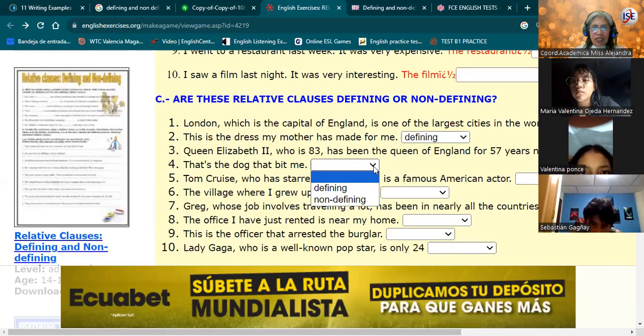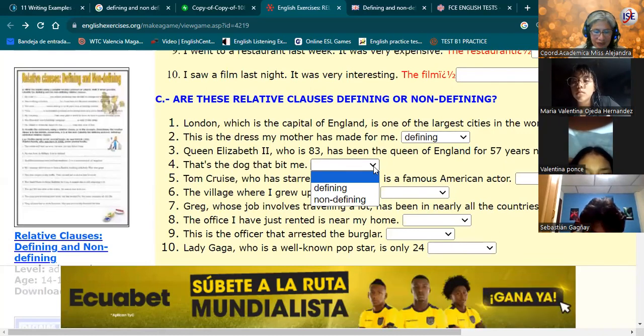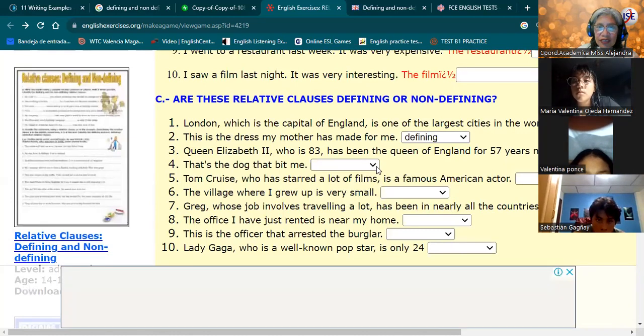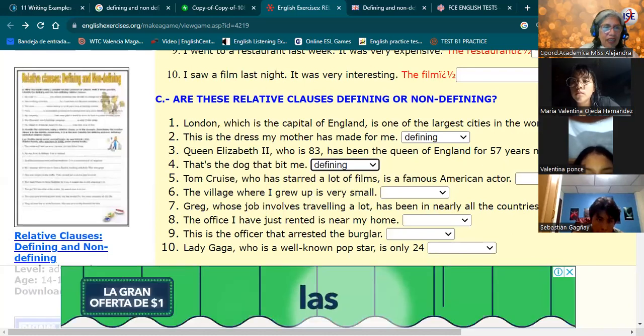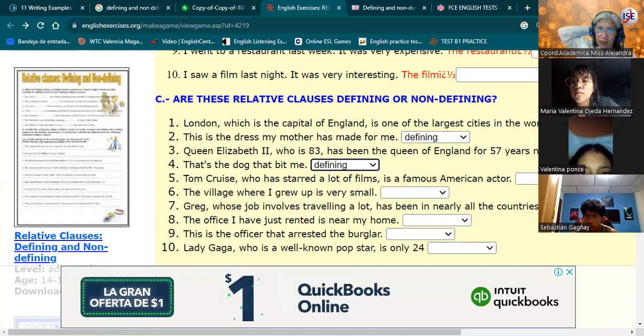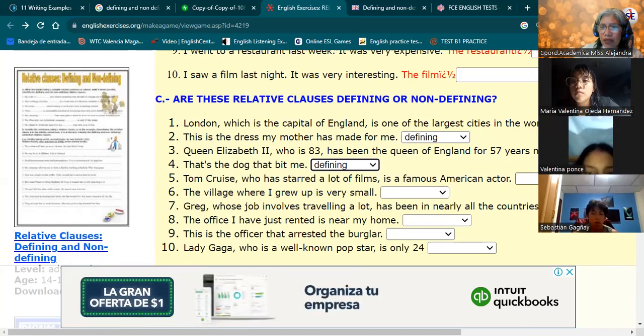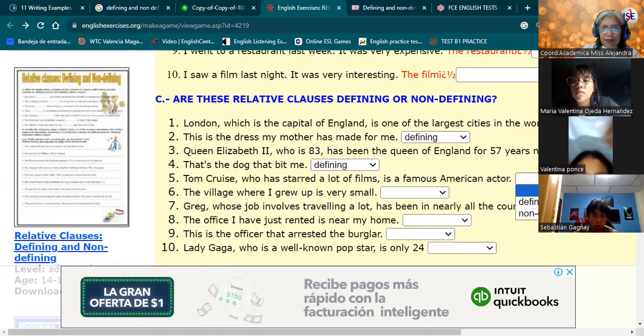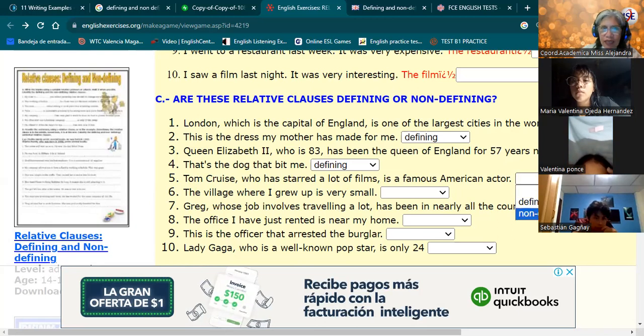Not bite, but bit. Defining or non-defining? Defining. Valentina, Tom Cruise, who has starred in a lot of films, is a famous American actor. Non-defining.